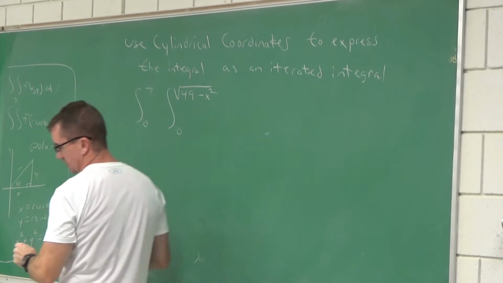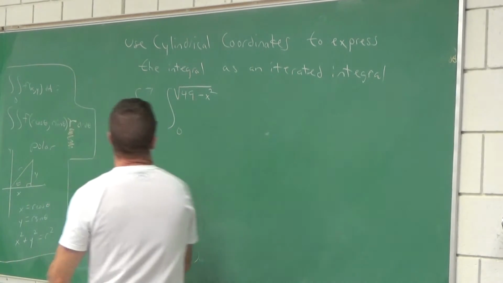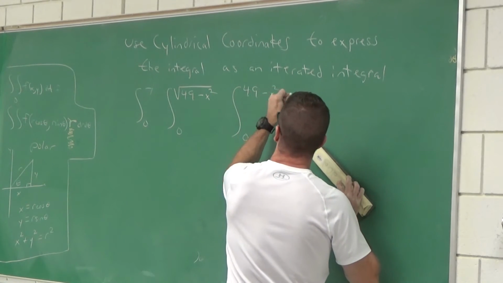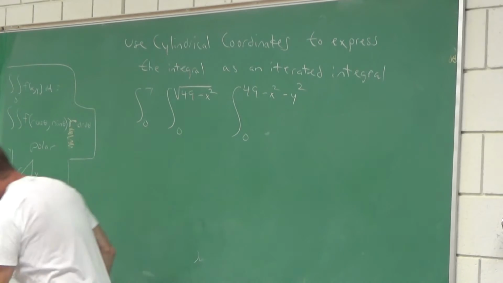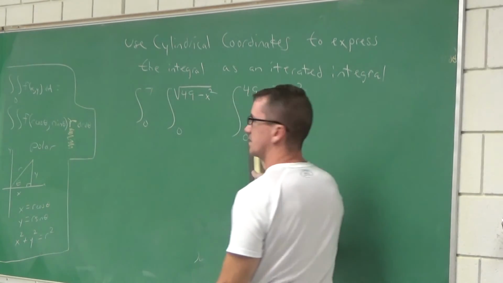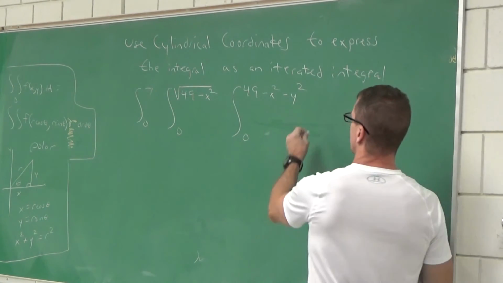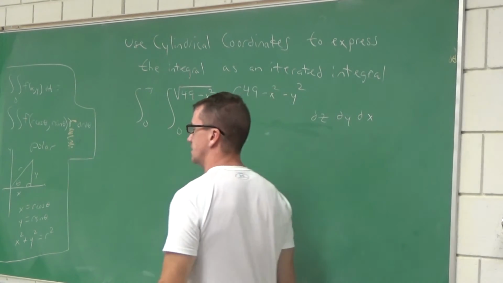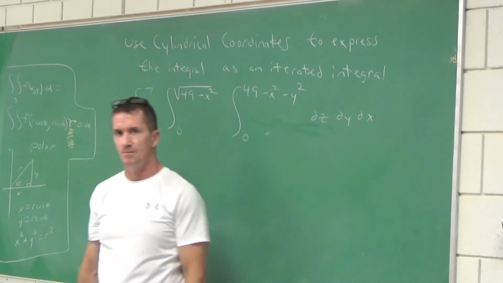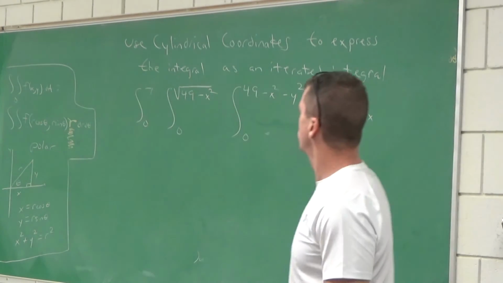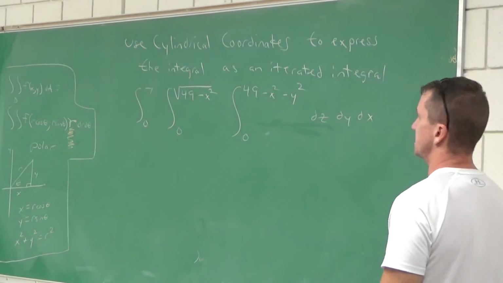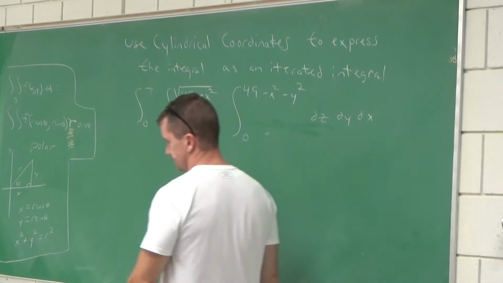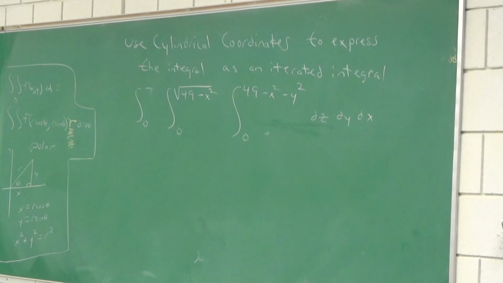You'll see a problem like this on the practice set. They don't have anything here. Nothing. So all this is in Cartesian, right? They want you to go cylindrical on this. Use cylindrical to express the integral as an iterated integral. We just won't solve it. Got that right? Yep.